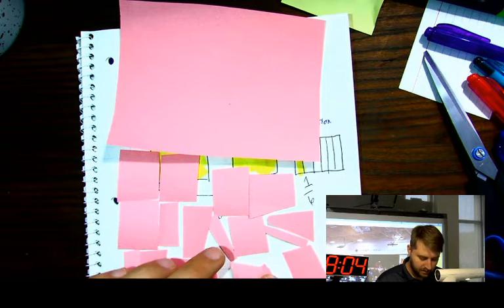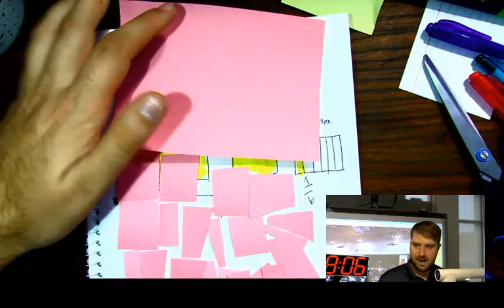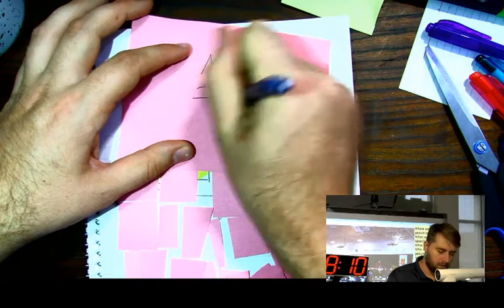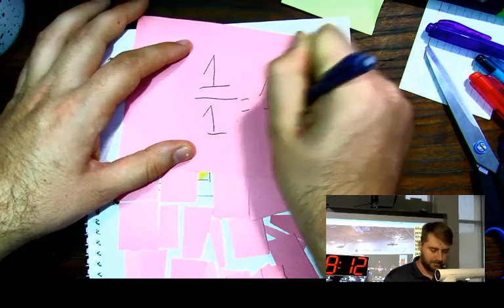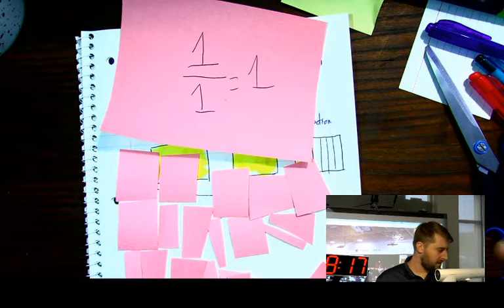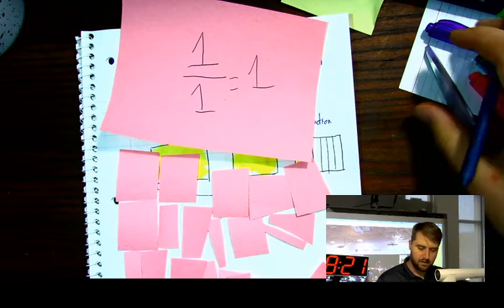So if we look at this fraction here for this paper, it would be 1 whole, or 1, right? Now this one, there are so many pieces that I have to tear off a little extra piece of paper to put our answer on.